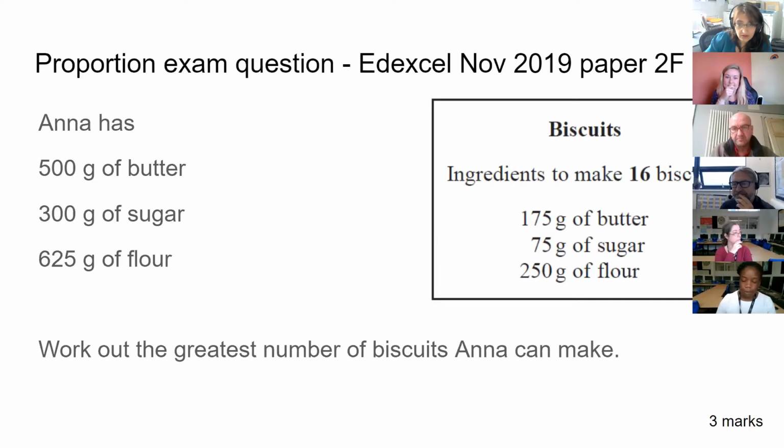Once you've worked it out, please write in the chat any misconceptions or mistakes students would have made along the way.